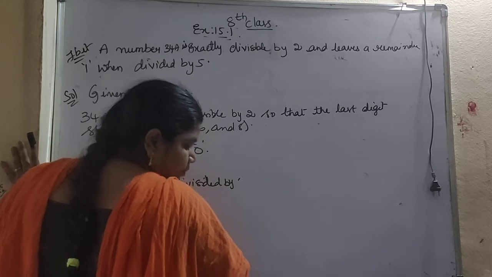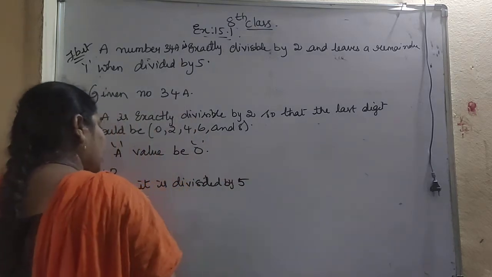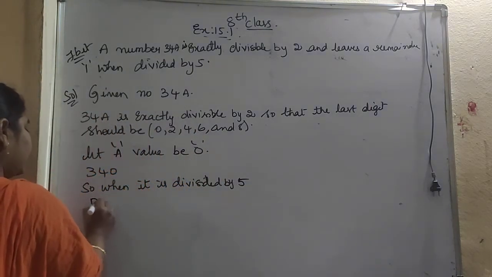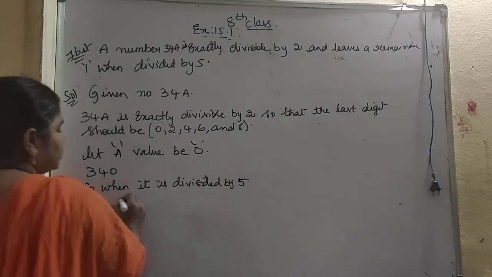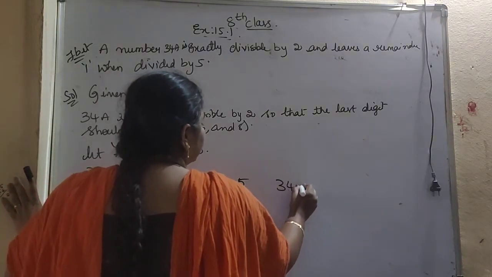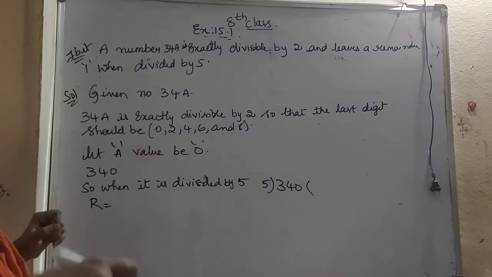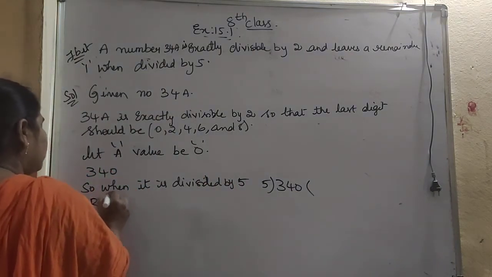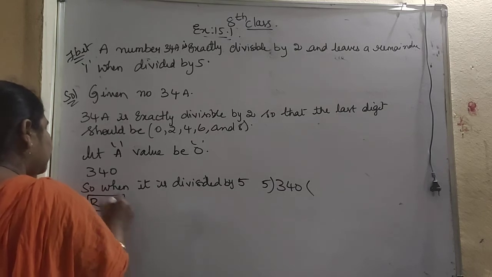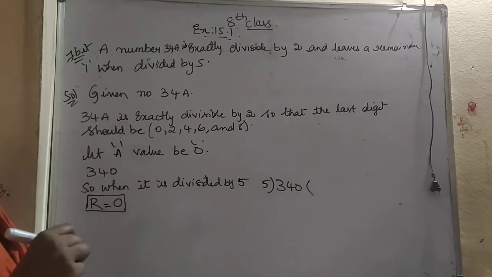When it is divided by 5, what is the remainder? You will get the remainder as 0, because 340 is divisible by 5. If you see the last digit, it is 0, so it is directly divisible by 5. So you got the remainder as 0, but we want the remainder as 1.